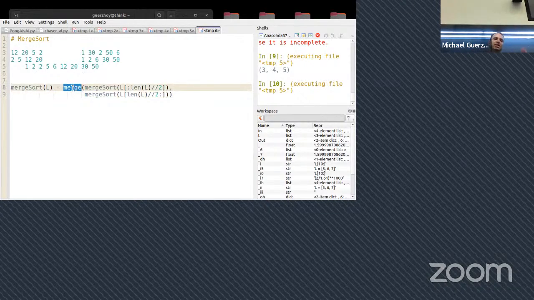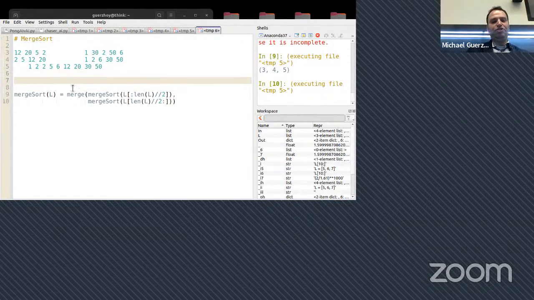So that's the basic idea, mathematically. Sort the first half, sort the second half, merge the two halves. And it turns out to be very efficient in terms of computational complexity. So the first thing that I'll do is write the merge function.